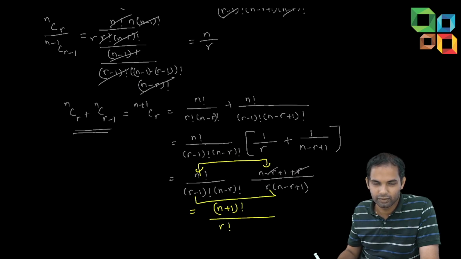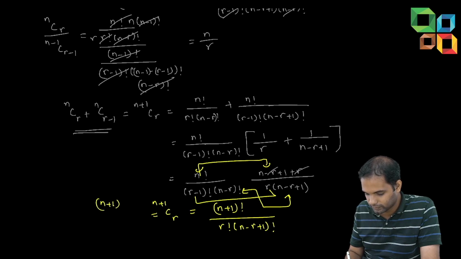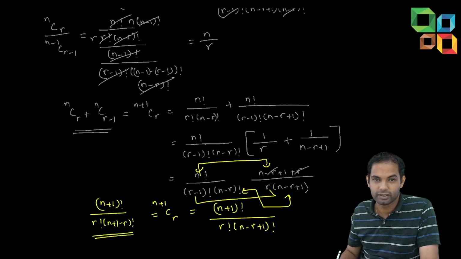N minus r into this term, correct, so it is n minus r plus 1 factorial. Can you see this is nothing but n plus 1 Cr? Write the formula. What is it? n plus 1 factorial by r factorial into n plus 1 minus r factorial.